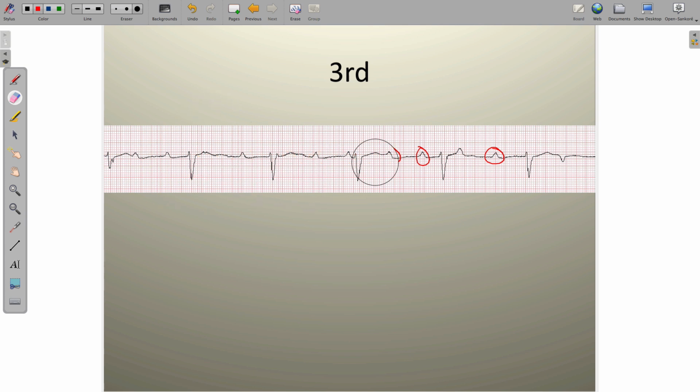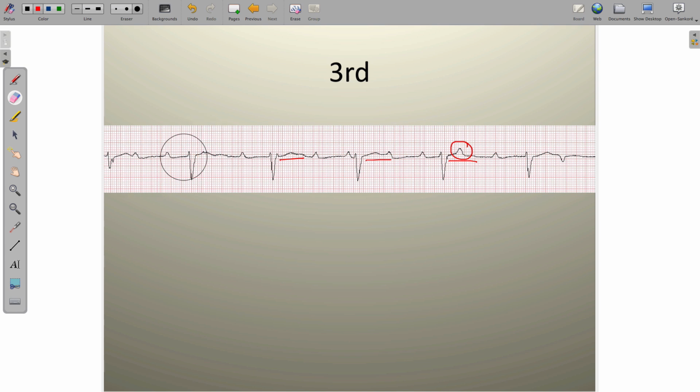I want you to see that when we look across this tracing, this T wave looks different than this T wave, looks different than this one, looks different than this one, looks very different than this one because the P is right on top, smack dab of that one. So these guys kind of all look different, all right? Look at the P that's right there buried inside the T wave. So their amplitudes and their shapes are all a little bit different, and that proves to us that there's actually a P wave that's buried inside there.